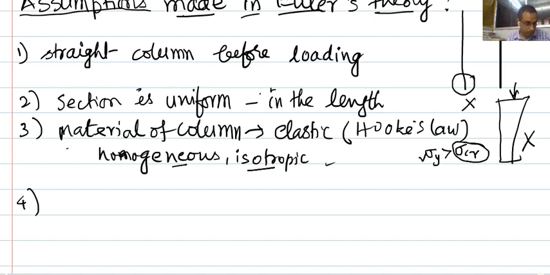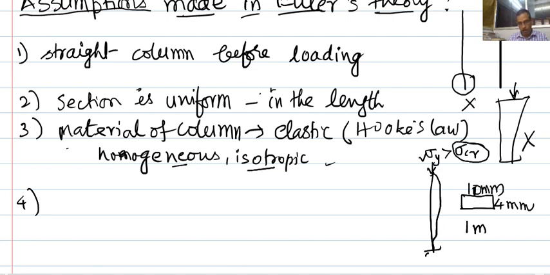So, next is the length of the column is very large compared to the lateral dimension, right. That means, suppose I have a column of, let us say, 4 millimeter by 10 millimeter, the length of the column should be 1 meter, something like that. So, long enough, so that when I put a load, it has to buckle, that is my idea.